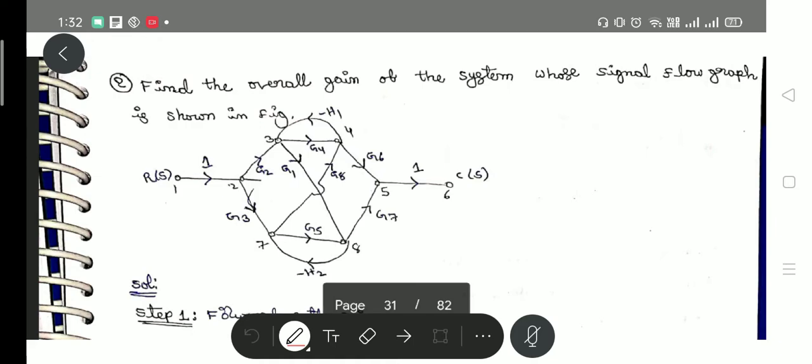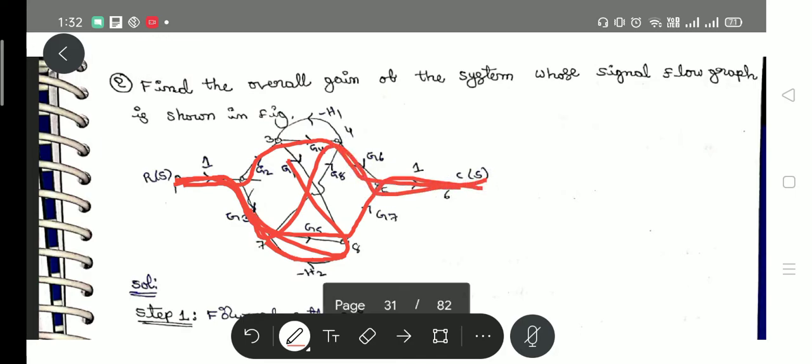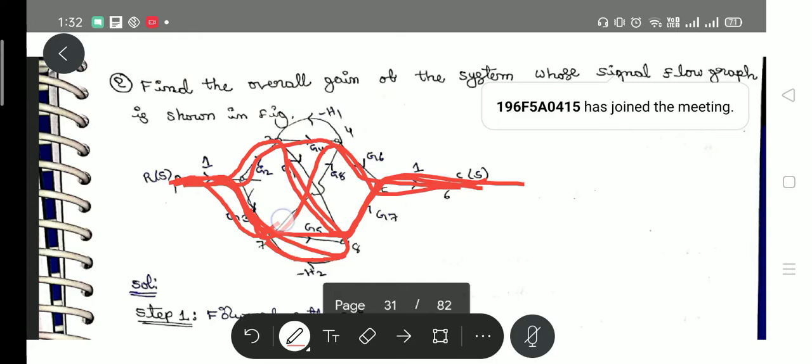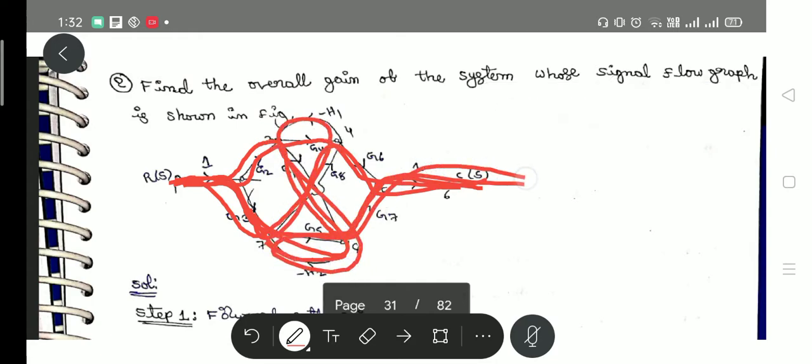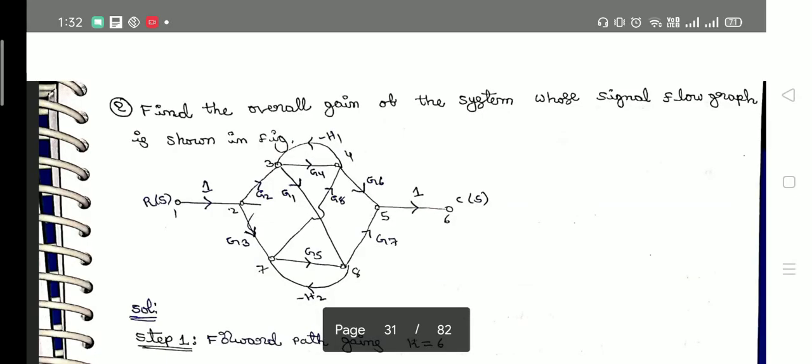This is one of the forward paths, and the second one is this one, third one is this one, and fourth one is this one, and fifth one is this one, and sixth one is this one.